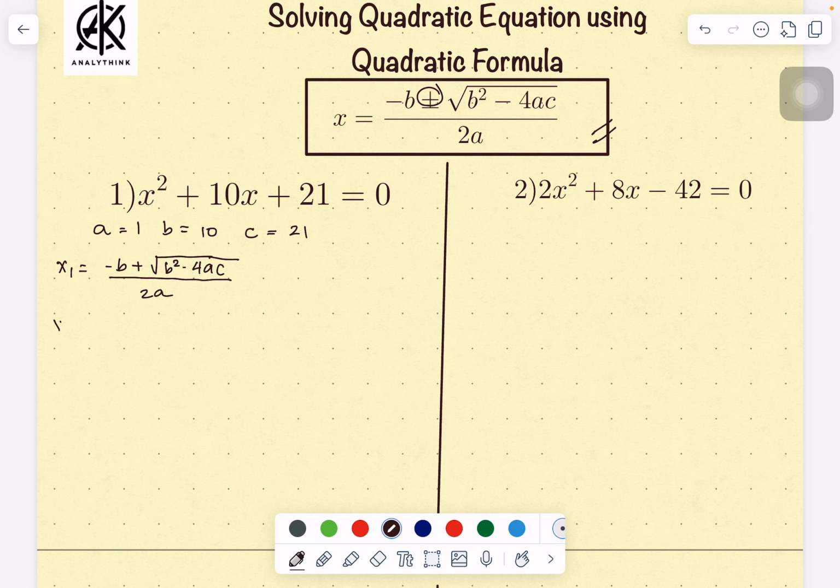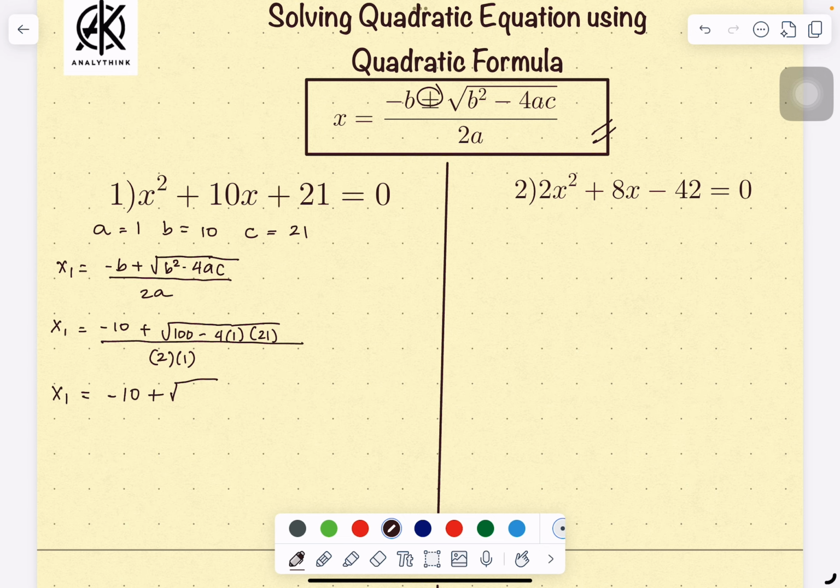So you have negative b plus the square root of b squared minus 4ac over 2a. Substituting the values, you have negative 10 plus the square root of 10 squared, that is 100, minus 4ac, divided by 2a, or 2 times 1, so that is 2. Now, 21 times 4 is 84, right? So that would be negative 10 plus the square root of 100 minus 84, so that is the square root of 16, over 2.